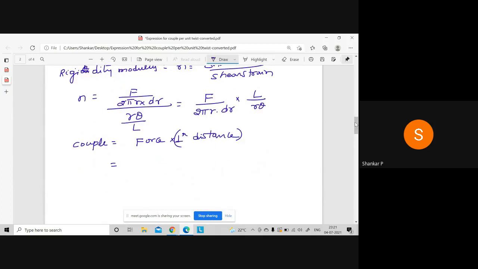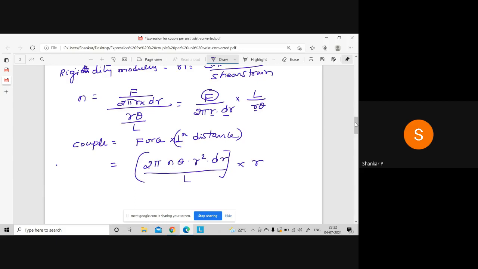Force is nothing but, if you cross multiply this, we are going to get F as 2 pi n theta, here one r and another r square, dr by L. So this is the force which has been obtained from the above equation by simplifying for F. F is equal to 2 pi n theta r square dr divided by L, and the perpendicular distance is again r.